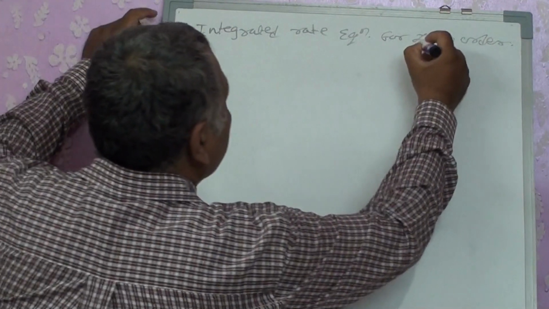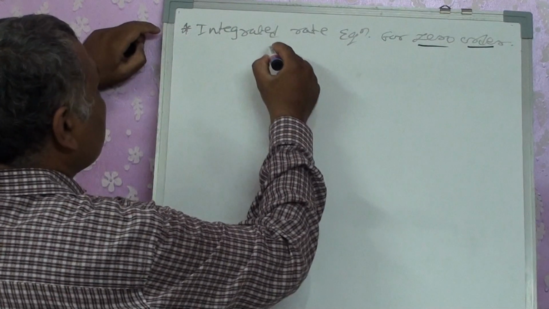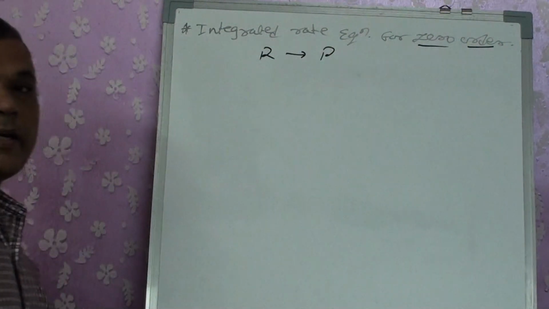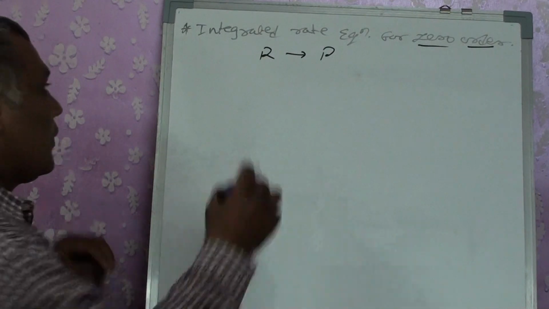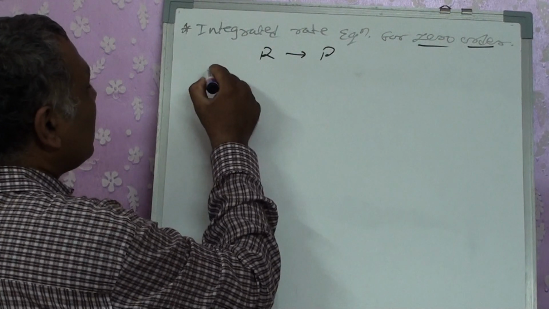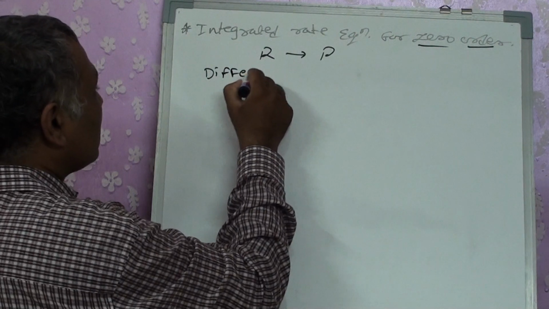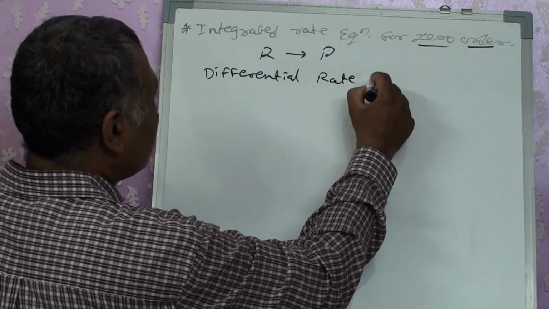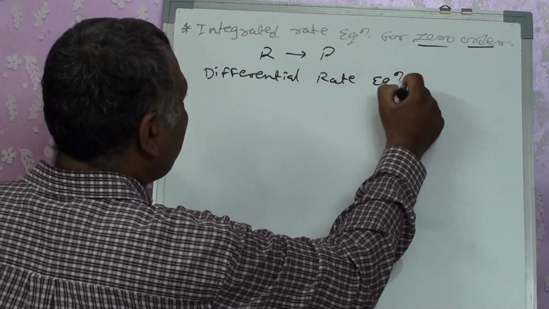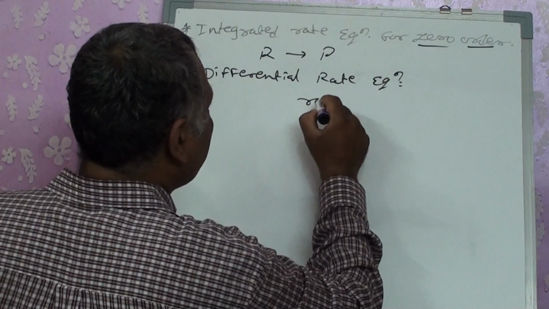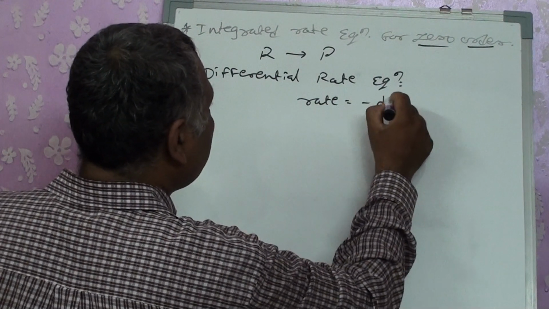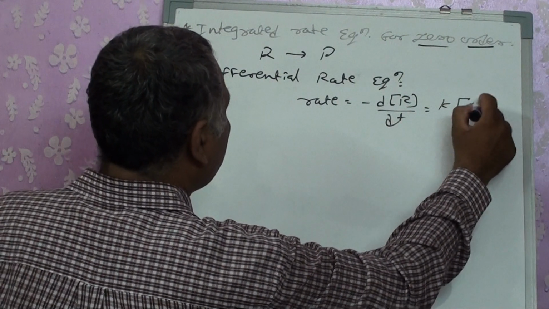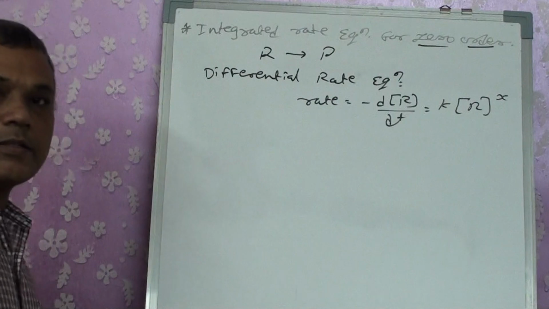For the given reaction, reactant getting converted into product, the differential rate equation is given as rate equals minus d[R] by dt equals k[R] raised to x.